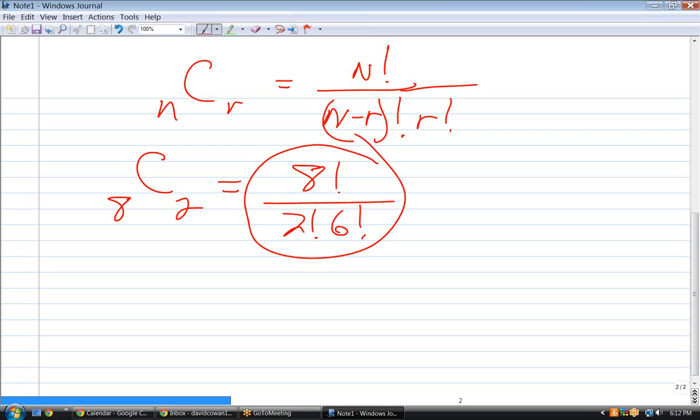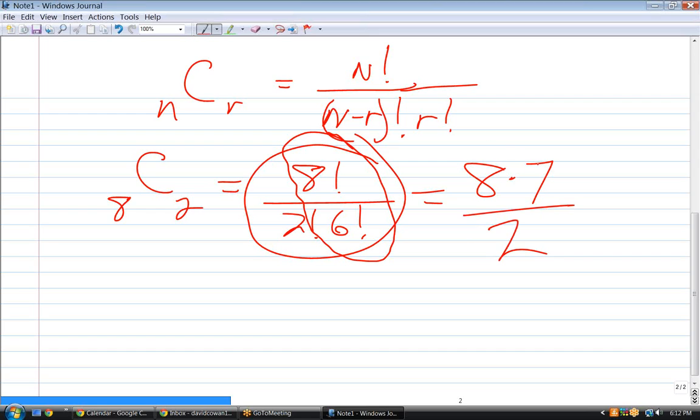Evaluate the big part first, because that's where you can cancel the most. In other words, you can cancel everything from 6 down with this 6 factorial. So 8 factorial over 6 factorial is 8 times 7. But then we have the other 2, so we have to divide by 2. So 28.